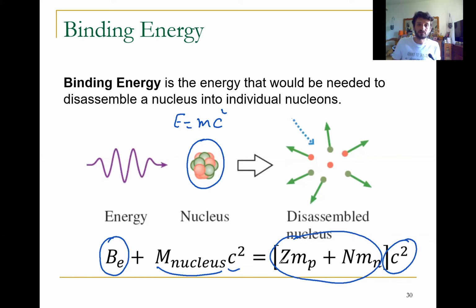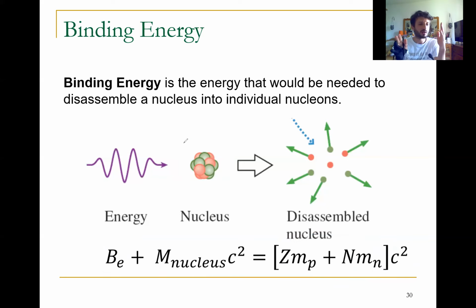The total mass of the nucleons equals Z, the number of protons, times mp, the mass of one proton, plus n, the number of neutrons, times mn, the mass of one neutron. Okay?